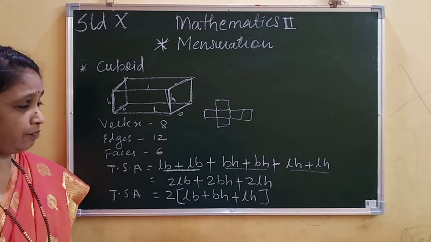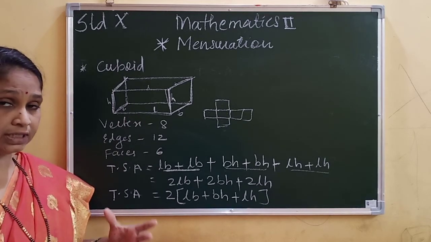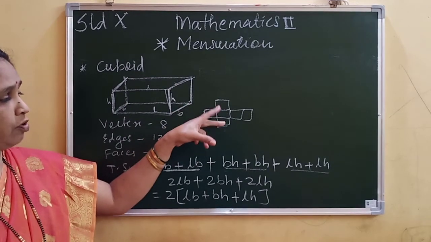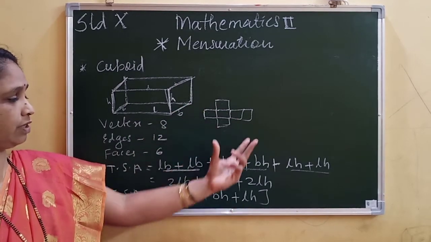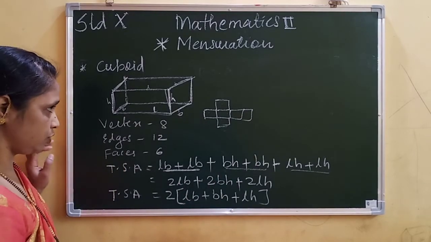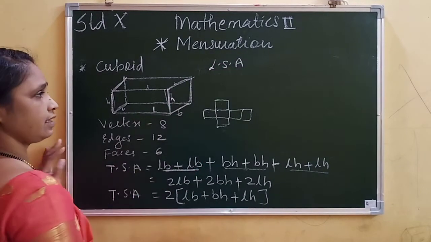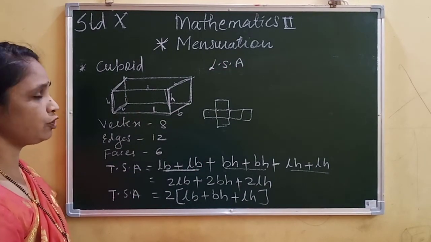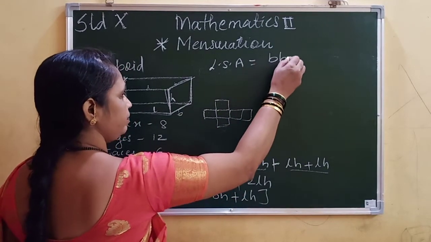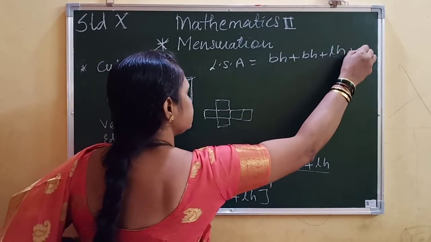Now we have to find out the vertical faces area. When we are finding vertical surface area, we don't have to take the upper part and the bottom part. Means we have to take the vertical faces, these faces. This we call the lateral surface area of a cuboid. So the lateral surface area of a cuboid will be BH plus BH plus LH plus LH.